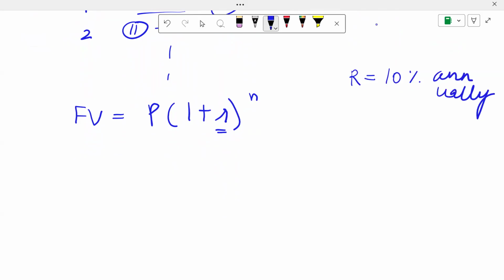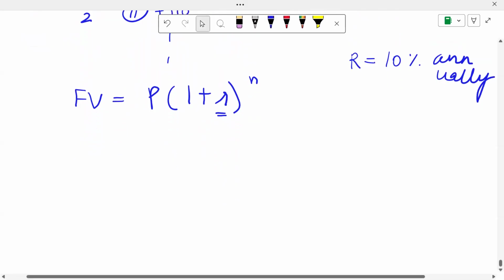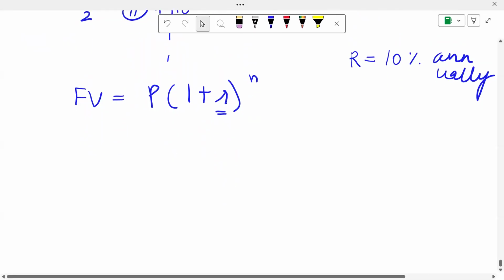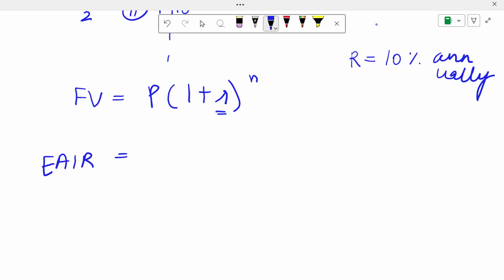Now there's also a scenario where your money gets compounded every 3 months or every 6 months. So how do you find out an annual rate? To convert that into annual terms, you have the effective annual interest rate, and the formula to work it out is 1 plus r raised to the power n, minus 1. Here n stands for the number of periods in which your interest gets compounded in 1 year.